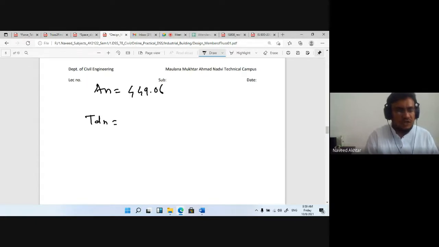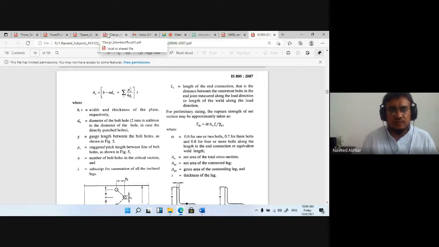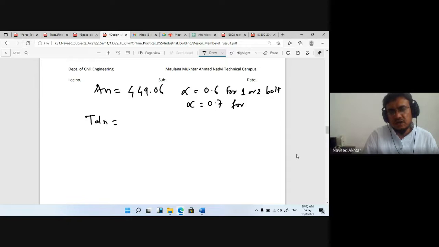TDN is equal to, you consider 2 bolts. Here alpha is 0.6 for 1 or 2 bolts, 0.7 for 3 bolts, and 0.8 for 4 or more bolts or weld.